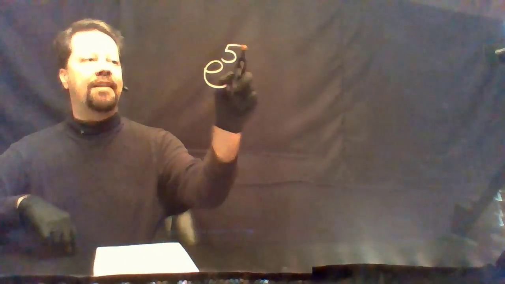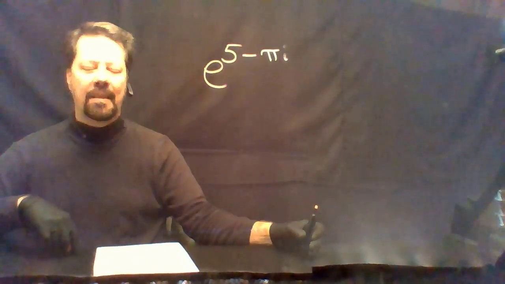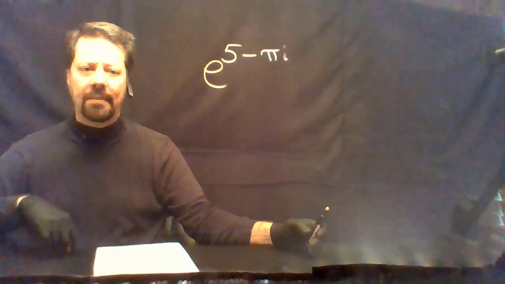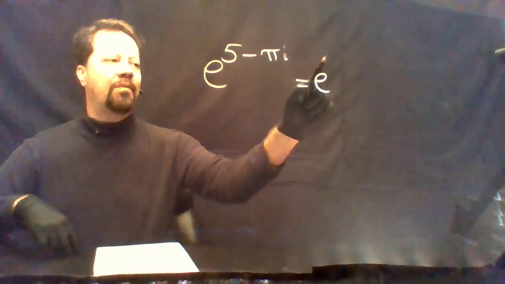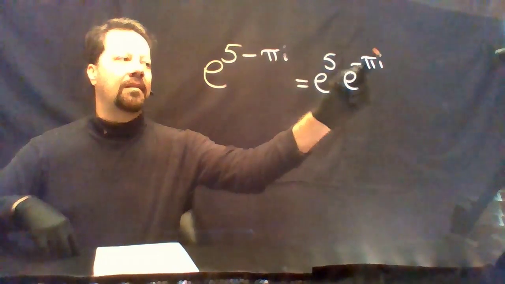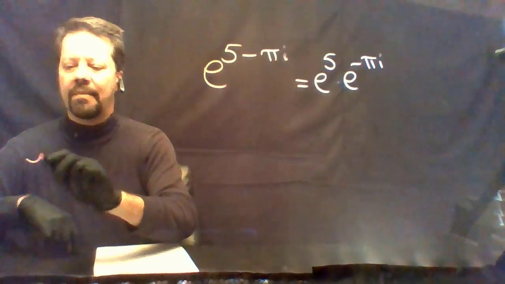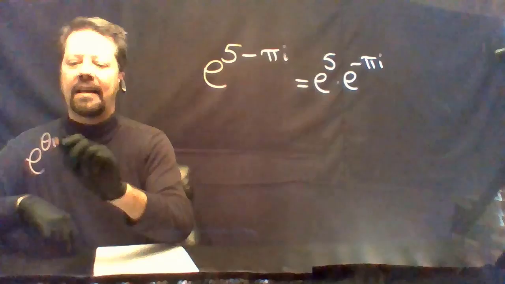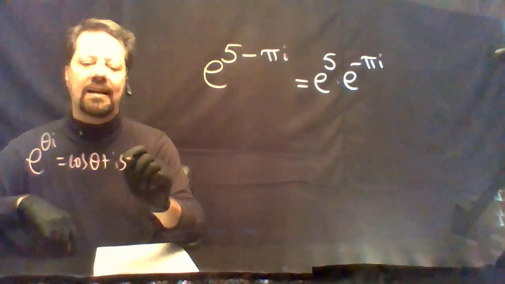We are next asked to calculate e to the 5 minus pi i. This will use the famous Euler's formula that we spent some time proving. First, write it as e to the 5 times e to the minus pi i. It's at this point we use Euler's formula. e to the theta i is cosine theta plus i sine theta.